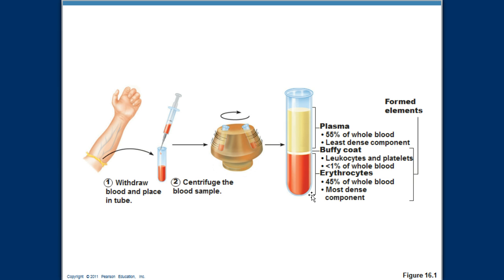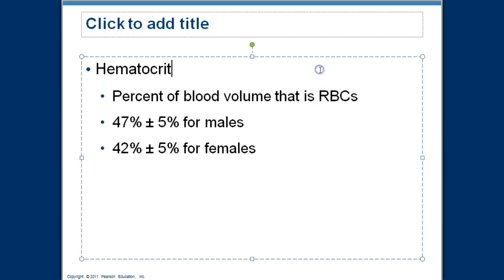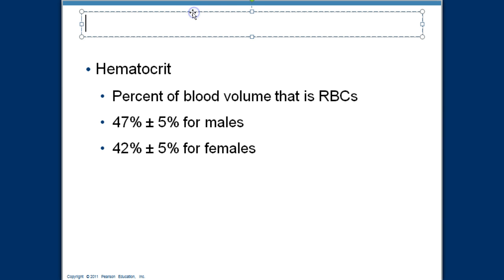So when you do this, you can calculate or measure what percentage of your column of whole blood is taken up by your erythrocytes. We call that the hematocrit, and it gives you an idea of what the oxygen carrying capacity of your bloodstream is.